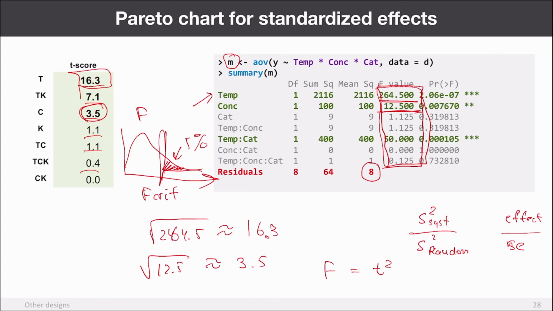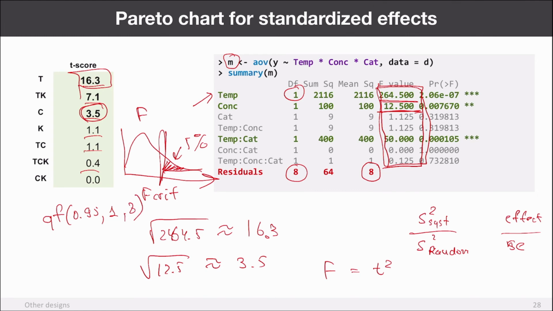It means that it's for 95% of cases, when the null hypothesis is true. So you can compute this F critical value by using, for example, qf, the quantile function for the F distribution, 0.95, and then 1 degree of freedom for the systematic variation, and 8 degrees of freedom for the random variation.